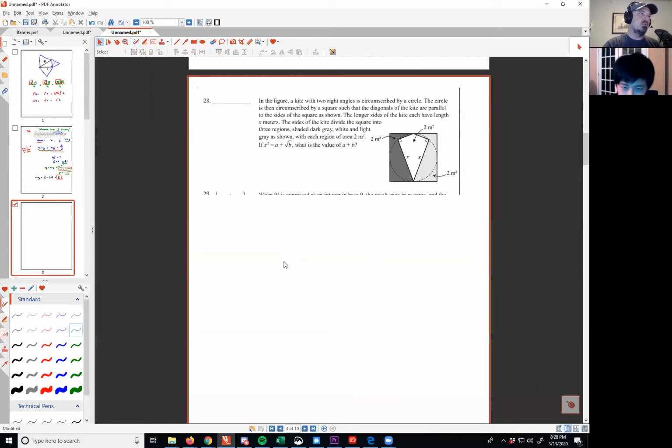In the figure, a kite with 2 right angles is circumscribed by a circle. Turns out every kite with 2 right angles can be circumscribed by a circle. The circle is then circumscribed by a square such that the diagonals of the kite are parallel to the sides of the square. The longer sides of the kite each have length x meters.